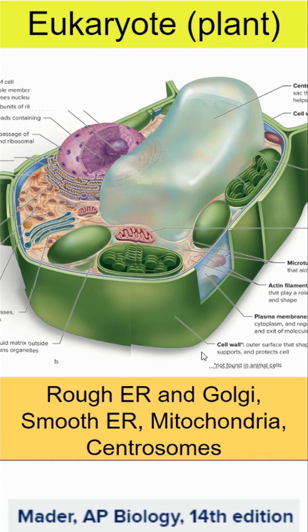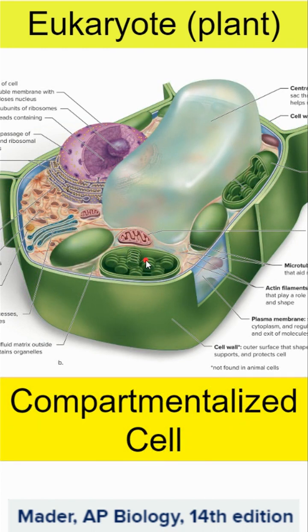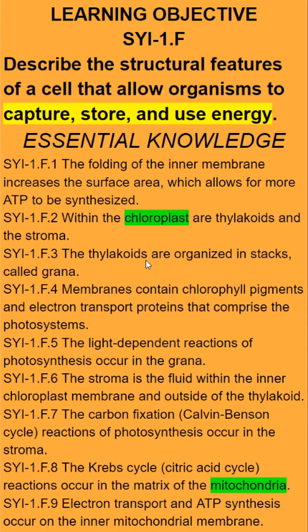The mitochondria is going to process organic compounds in order to take the energy from the bonds of those compounds and convert it into the energy in the bonds of ATP. And it does not have centrioles, but it still has a centrosome, which is important for the entire cytoskeleton and microtubules. Again, we have compartmentalization within eukaryotes.